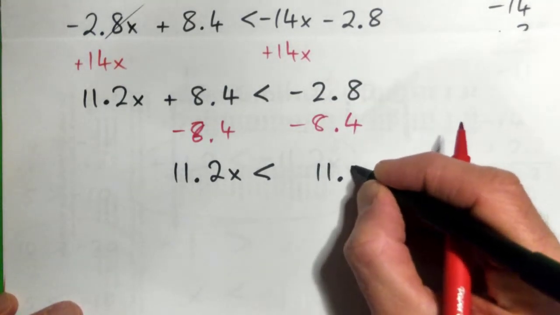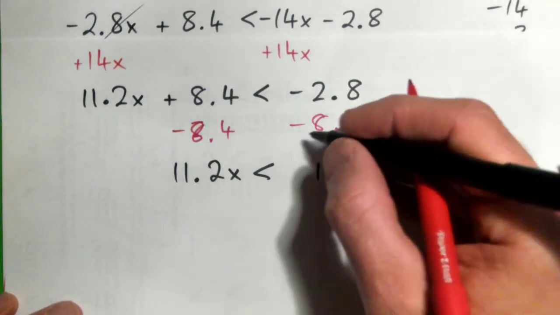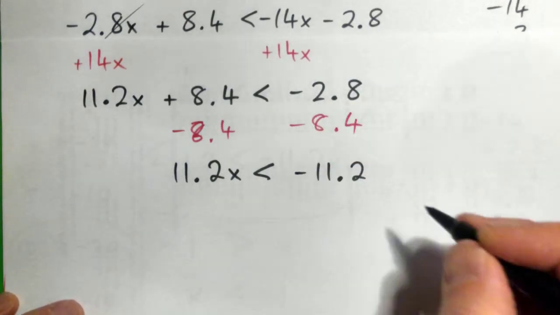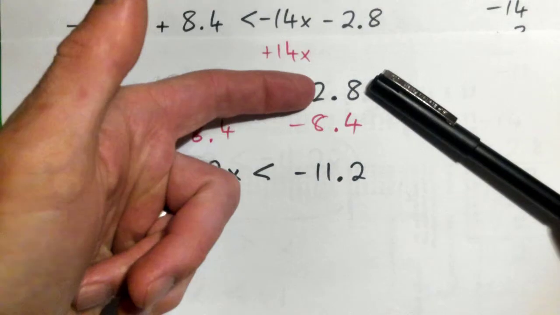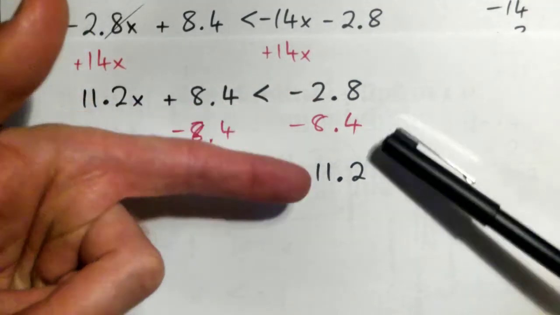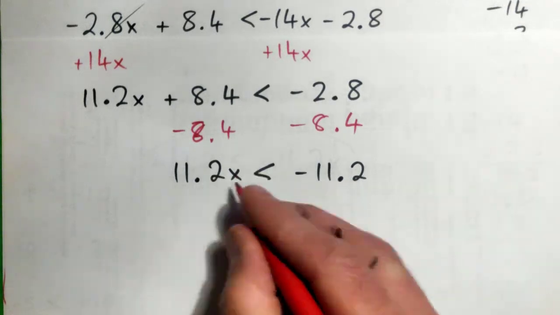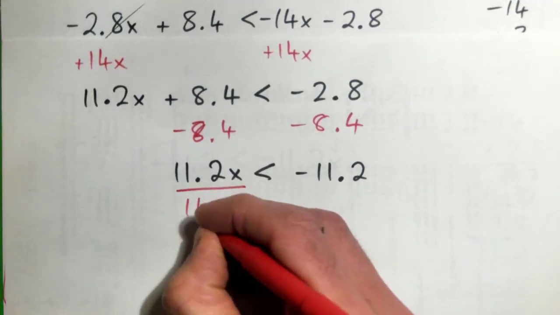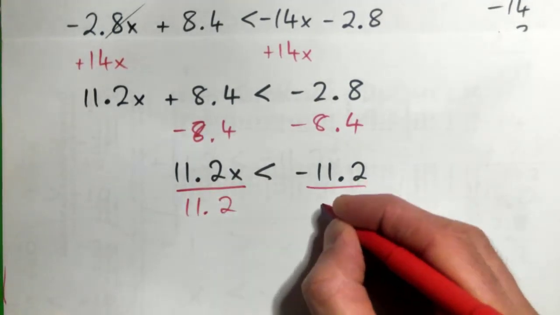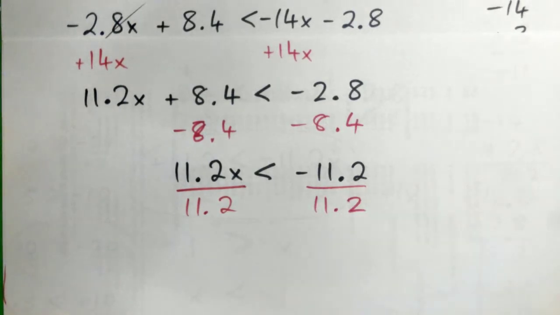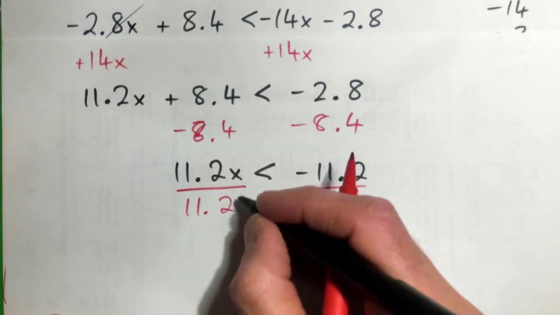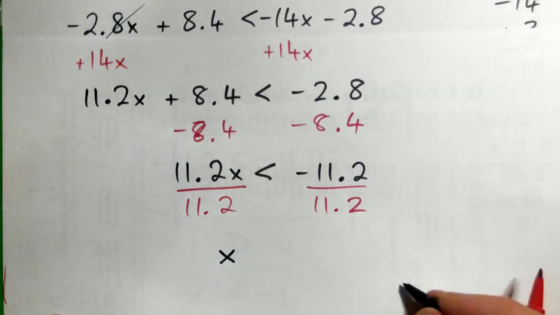And this minus this, if I add them, I'll get 11.2, and they're both negative. It's kind of like negative 2.8 bad guys and negative 8.4 bad guys is even more. Or a debt of $2.80 with a debt of $8.40 is a total debt of $11.20, right? So I get this is less than this, and then to get an x, divide by positive 11.2. See that? Now, if I divide by positive, that's just x here, isn't it?